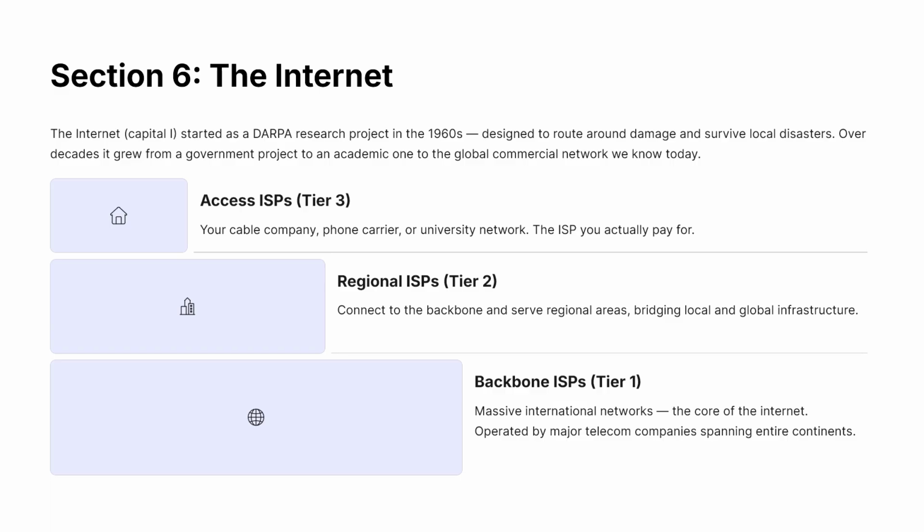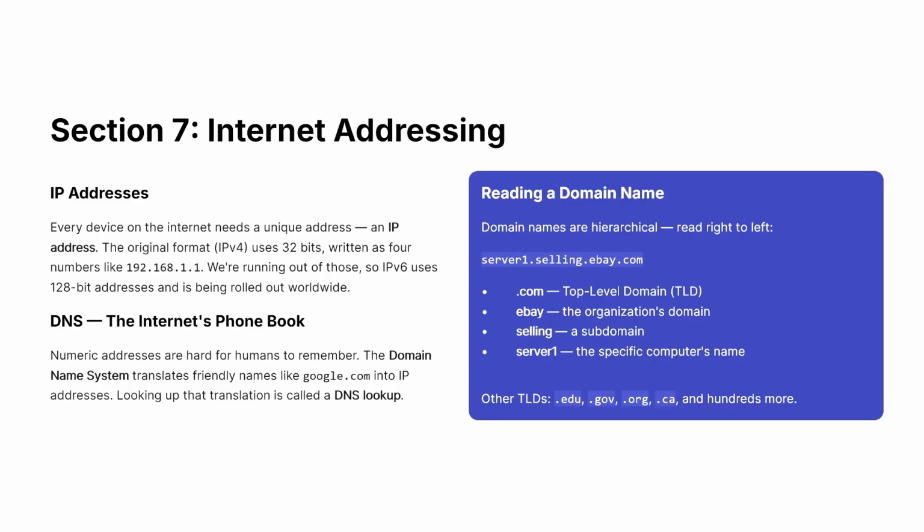Access ISPs, or Tier 3, are the ones you actually subscribe to. Your cable company, your phone company, or your university's network. The devices at the end of this chain, your laptop, your phone, your smart TV, are called end systems or hosts.